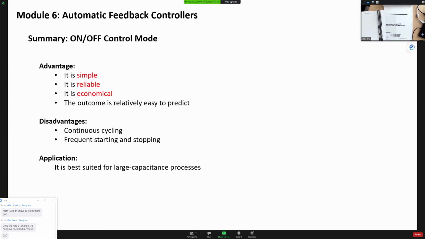You don't need to spend on a too complicated control system in there. It's very simple, it's very reliable. And the disadvantage is you'll never reach a steady state. It's continuously cycling, and you frequently start and stop the equipment. You might cause long-term damage there.